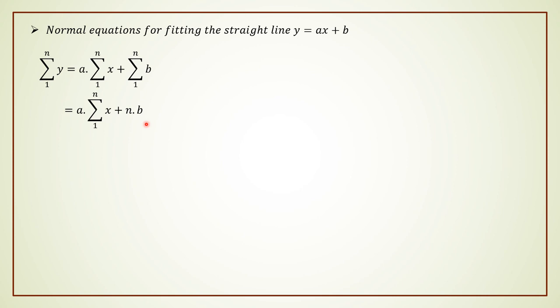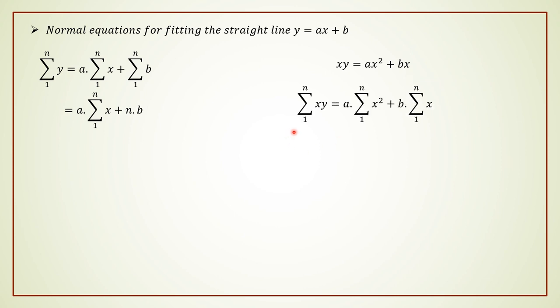Then the next normal equation is obtained by multiplying x throughout, because you have a variable x here. So multiply x throughout, so that the equation becomes xy is equal to ax square plus b into x, and then take the summation.